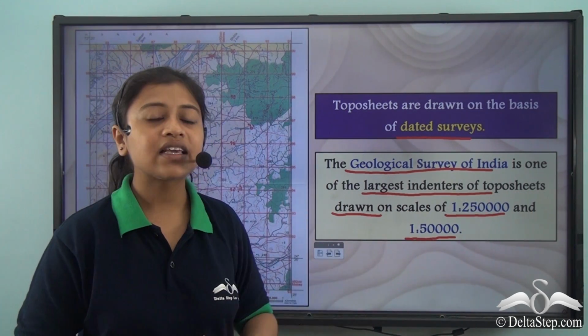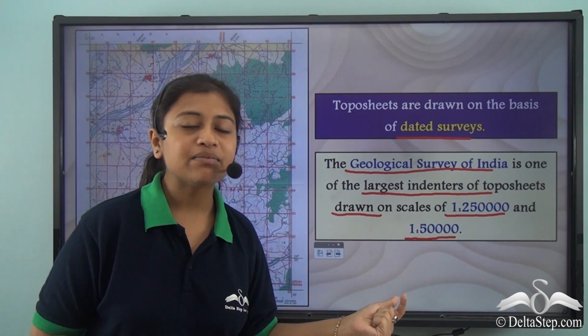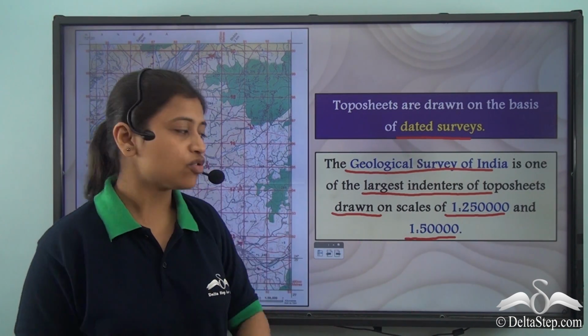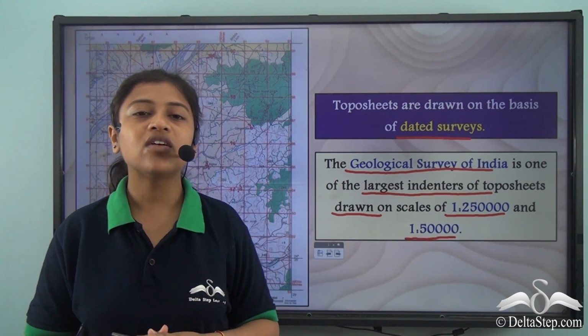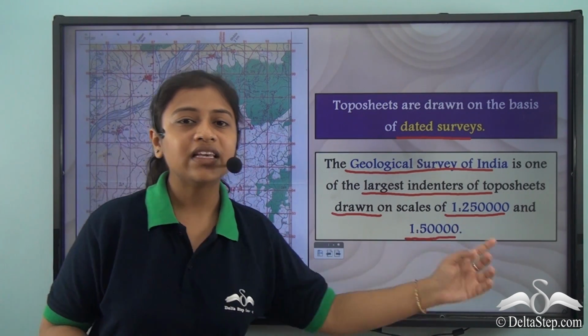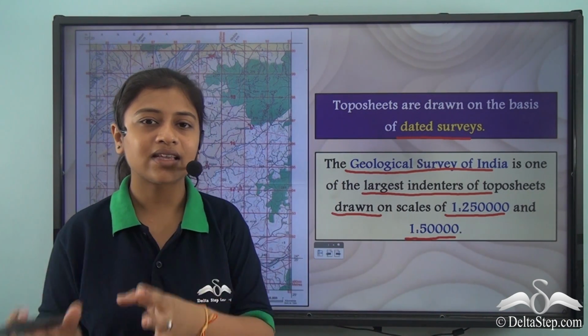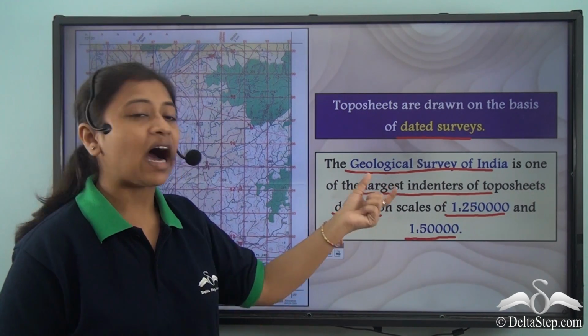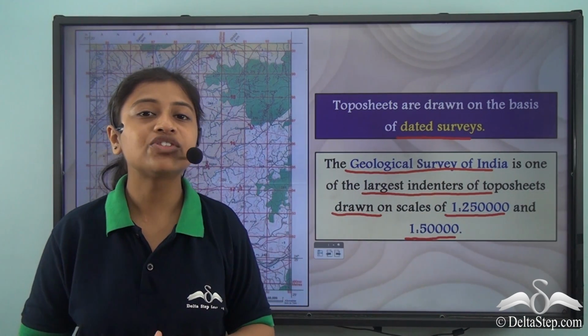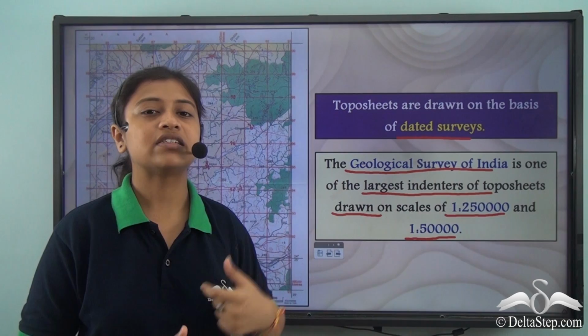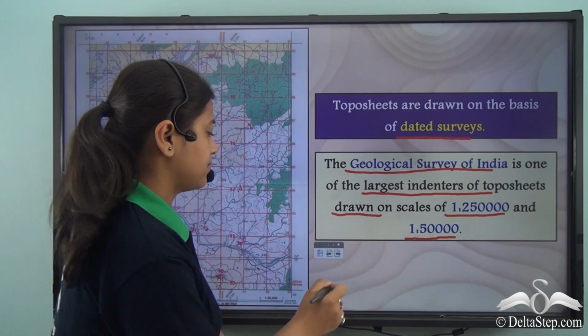And for the other scale, it means that 1 centimeter on the map will be equal to 50,000 centimeters on the real ground. So these are some of the standard scales set by one of the largest indenters of topo sheets in India, that is the Geological Survey of India.